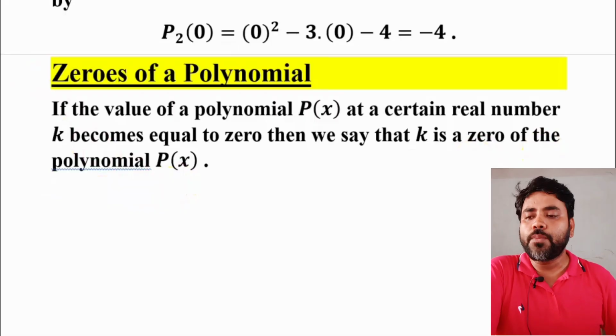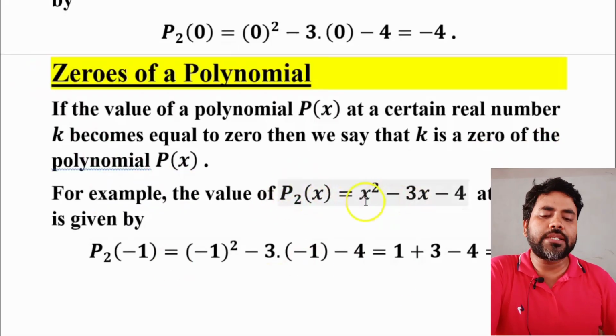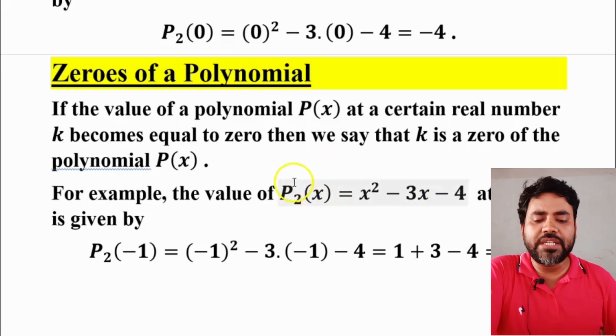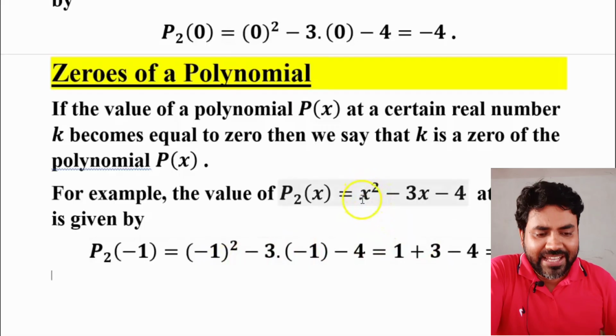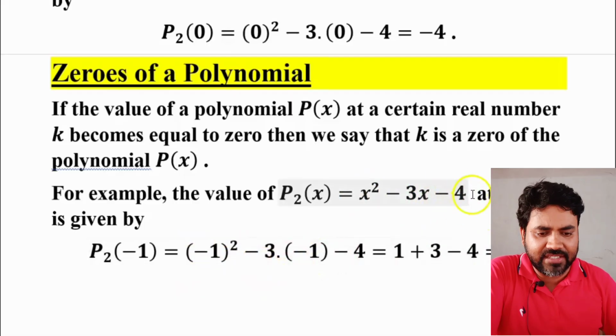So what is a zero? For example, take the polynomial p2(x) equal to x square minus 3x minus 4. If we find the value of this p2(x) at the point x equal to minus 1, we will get 0. To have a closer look, we put minus 1 in place of x here. x square becomes minus 1 square, minus 3 into x becomes minus 3 into minus 1, and here is a constant term minus 4.